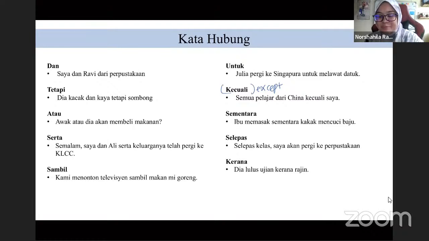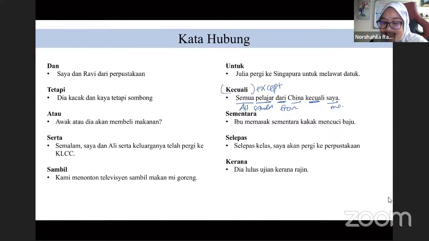So, semua pelajar dari China kecuali saya. Semua means all. All students, dari means from China, except me. All students from China except me. So except means an exception that you need to find.